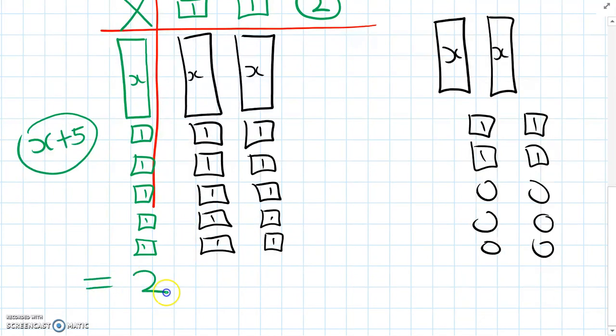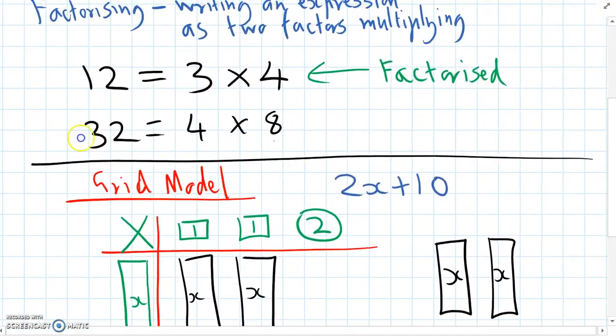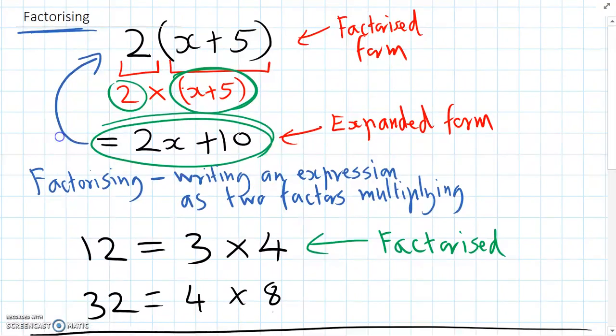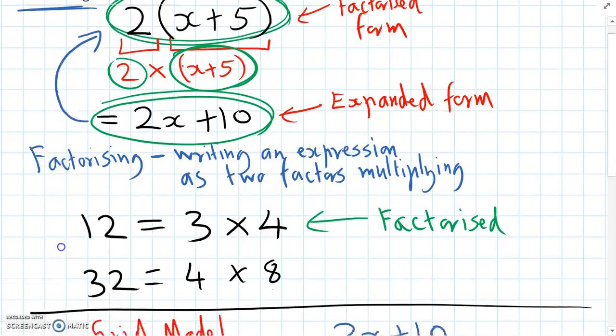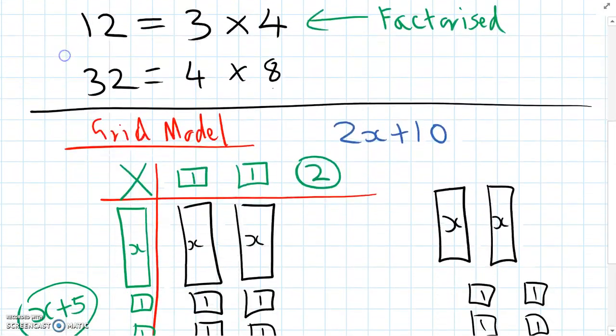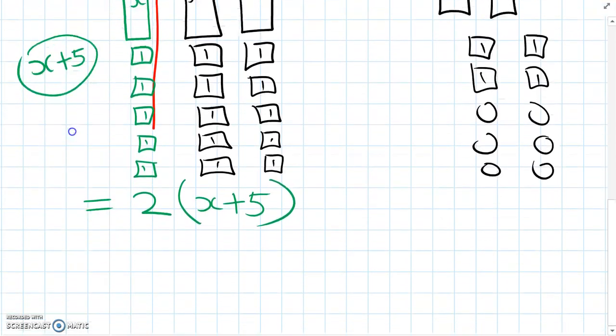So the factorized form is going to be 2 times x plus 5, and we'll write it like that. And if we look right back at the start, 2 times x plus 5, that's exactly what we started with. So we can see how this grid model can help us to factorize expressions.